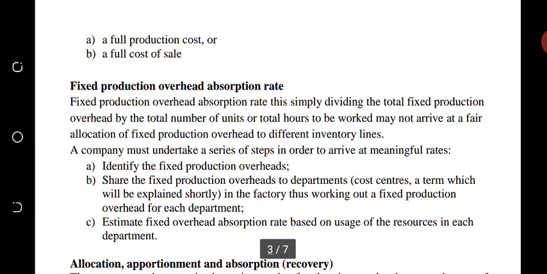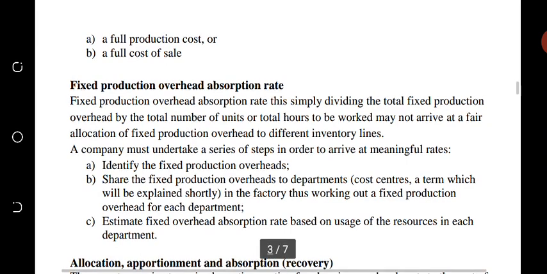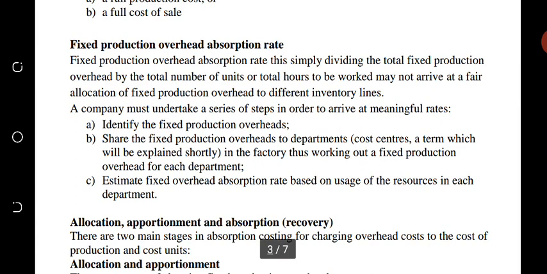Now, let's check what this fixed production overhead absorption rate is. This is simply dividing the total fixed production overhead. In our question, we will be given the total fixed production overhead.